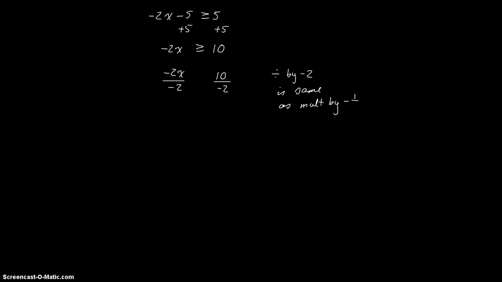So I'm multiplying in essence by a negative number, so this inequality, as soon as I make this division, changes direction, and it becomes a less than or equal to. So just as normal, the -2's will equal 1 and essentially cancel out, and I'm left with x is less than or equal to 10 divided by -2, which is -5.